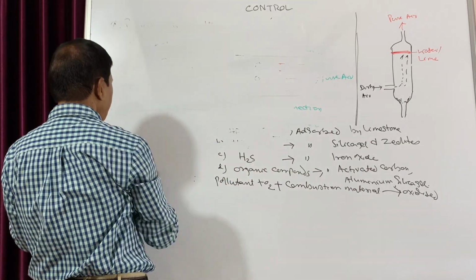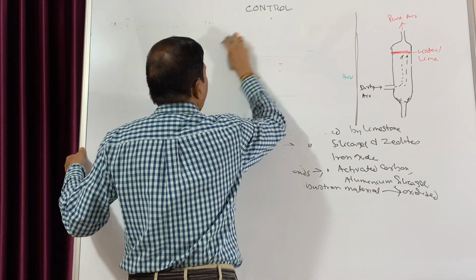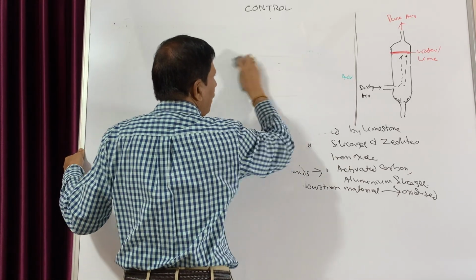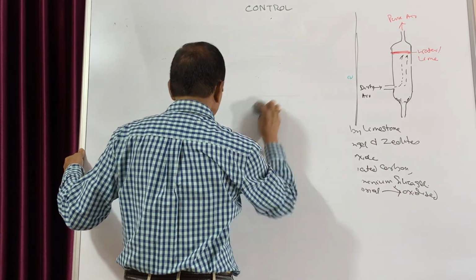For the different types of automobiles, the earlier automobiles had the two-stroke engine in most of the two-wheelers.